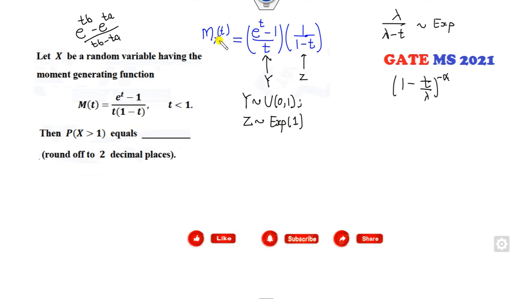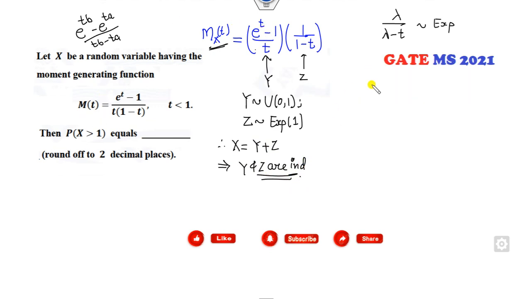So this is the moment generating function, which means X is Y plus Z, and the moment generating function of X is a product of these, meaning Y and Z are independent. Now what do you want to calculate? X greater than 1, which means X less than 1, because they are continuous random variables we can't distinguish. So X means Y plus Z is less than 1.